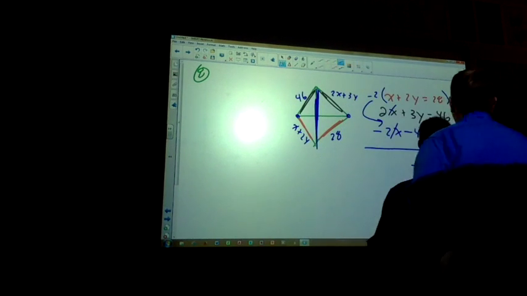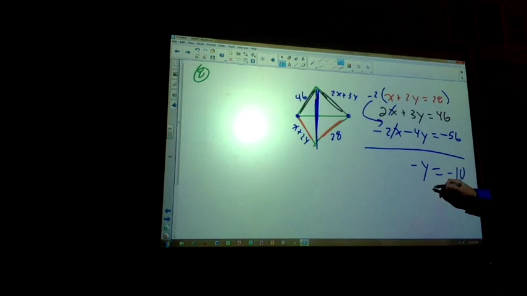Negative y equals negative 10, so y equals 10. If y is equal to 10, let's plug that in here. That means x plus 20 equals 28, so x has to equal 8. Did I do it right? Yep. Any others that aren't proofs yet?